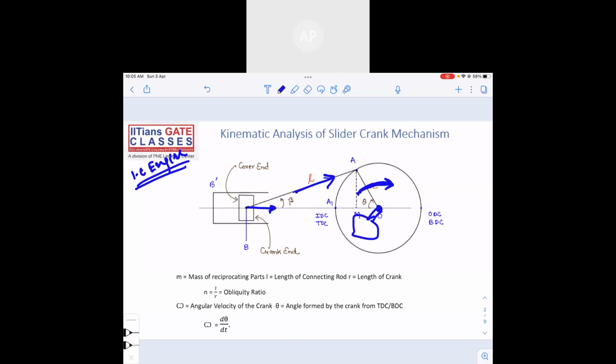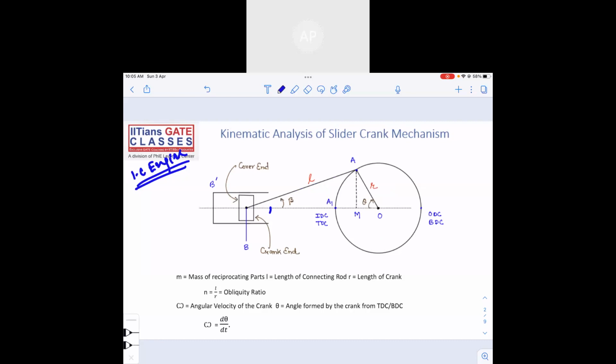The connecting rod will pull the piston, right? And there will be suction and compression, which will lead to compressing of air. And that is a completely different subject, right? We are going to study it from the point of view of IC engines. We are going to see that, right?